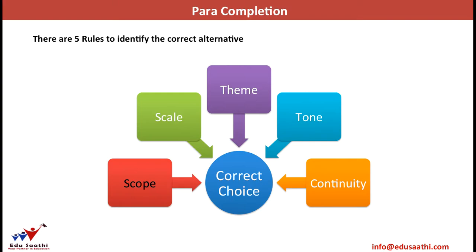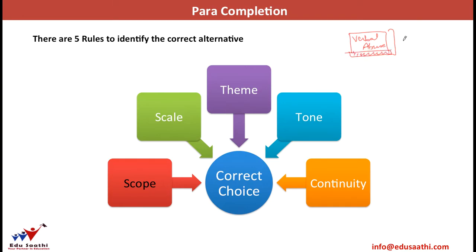We'll discuss them one by one, but we'll start with scope. By scope, I loosely mean the plot of the passage, that is, what exactly are we discussing? Let us take the same example, wherein the passage was talking about verbal abuse against women, and the last line is removed.